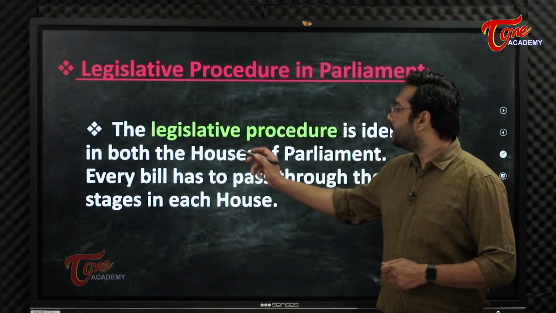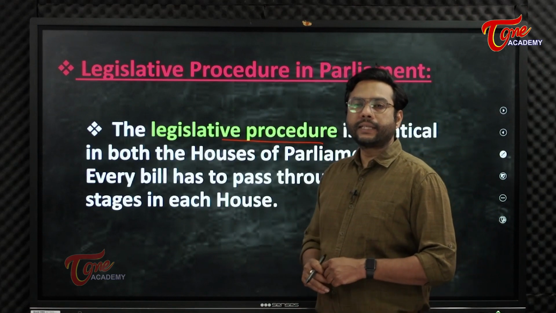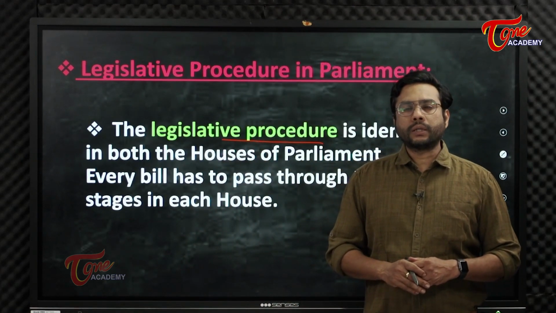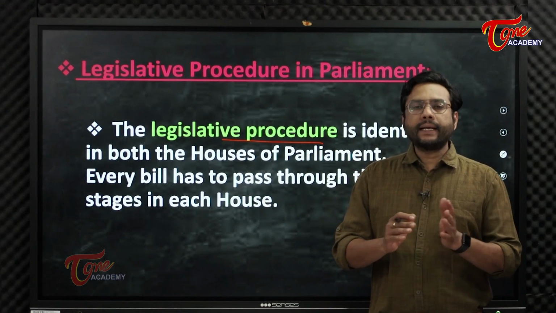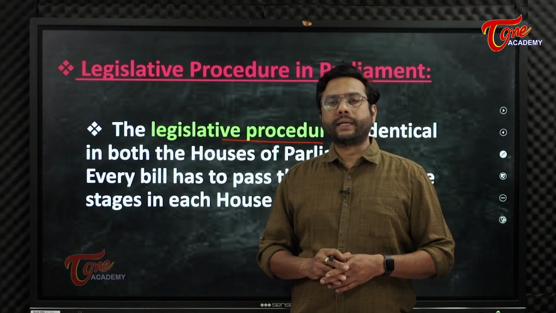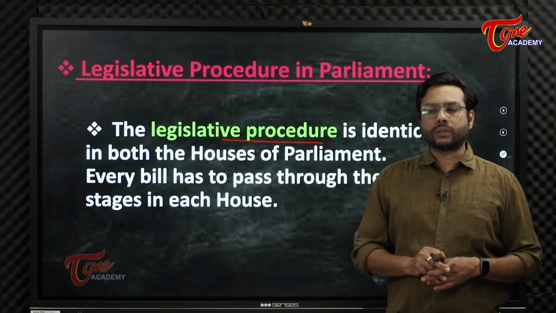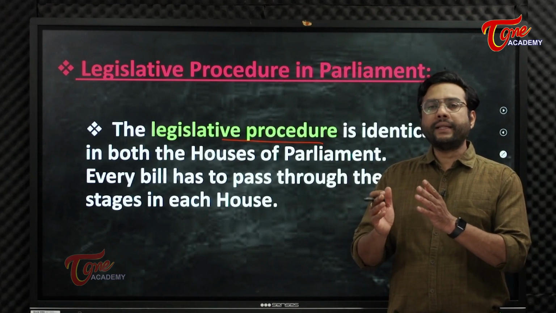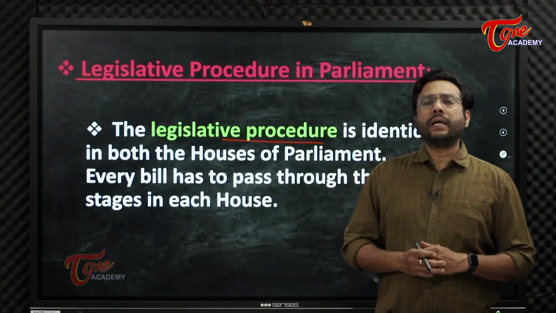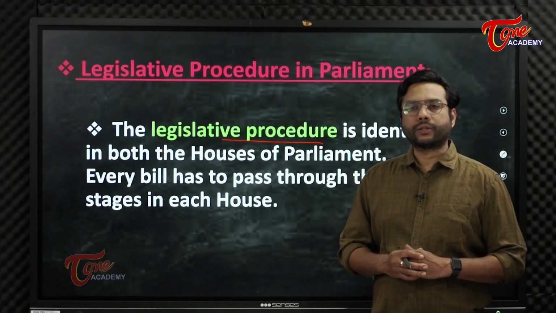Here the legislative procedure is identical. In general, the procedures are identical in both houses, Lok Sabha and Rajya Sabha. Obviously, when the bill is a money bill, Lok Sabha has more power when compared to Rajya Sabha.